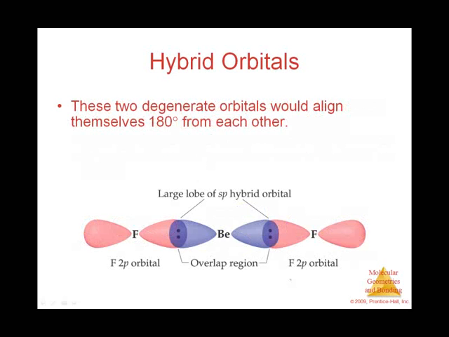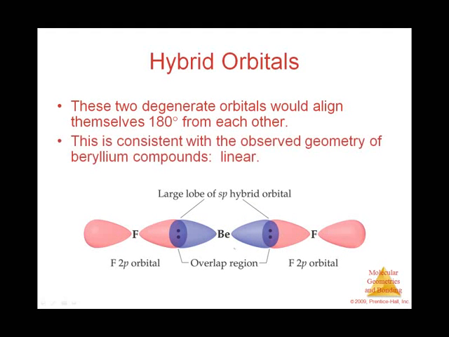So they align themselves 180 degrees apart. So here's beryllium. It's got sp orbitals, and it can bond with 2 atoms. So this is consistent with the observed geometry of beryllium. It's a linear shape.